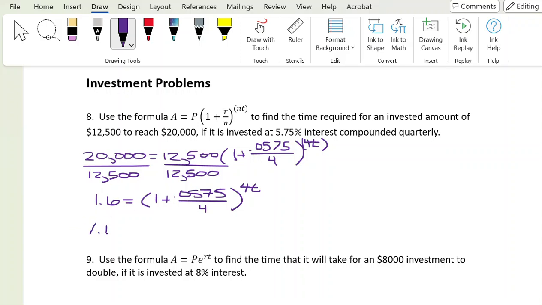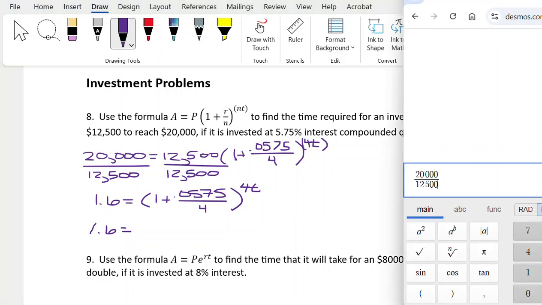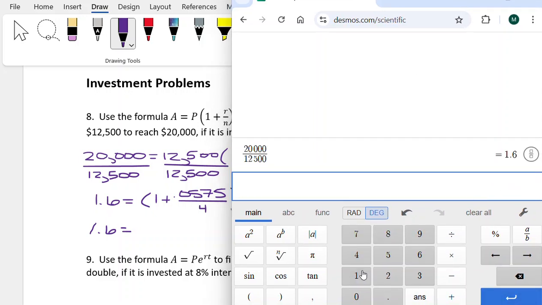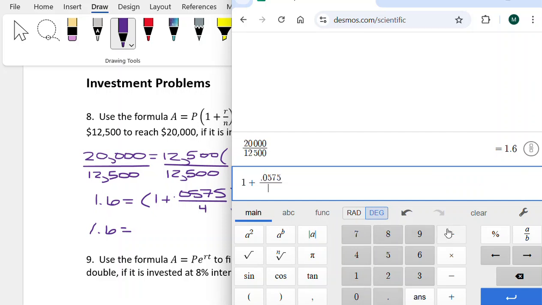Next, I'm going to use my calculator to add what's in the parentheses. So we've got 1.014375.